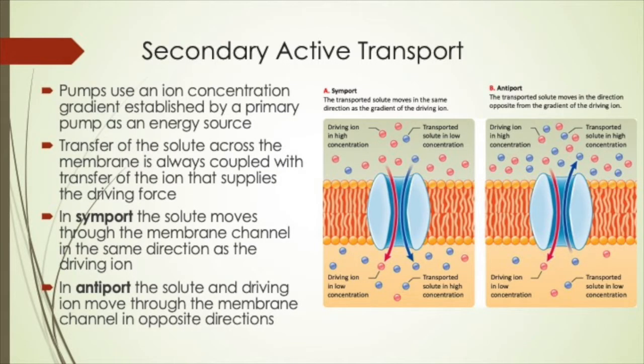Secondary active transport. So pumps use an ion concentration gradient established by these primary pumps as an energy source. So if a primary pump is doing work, usually it has an ion that comes through and has some amount of energy to take it over to these other proteins to use as that type of energy.